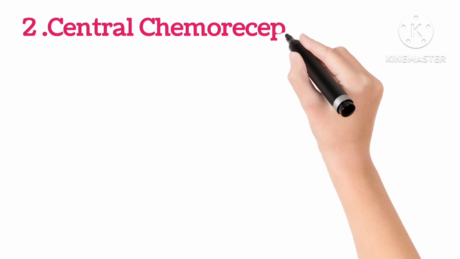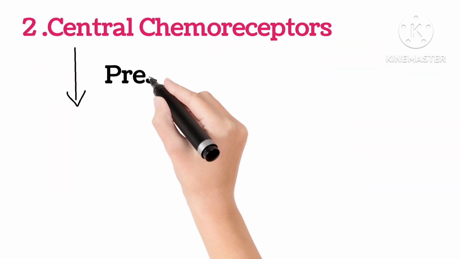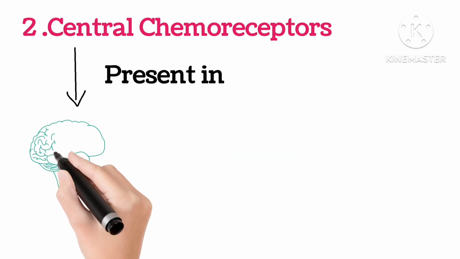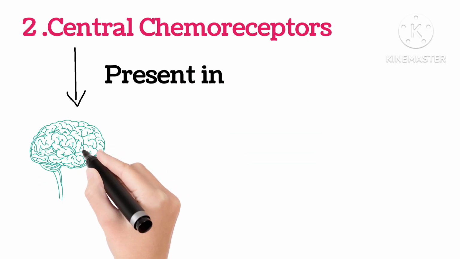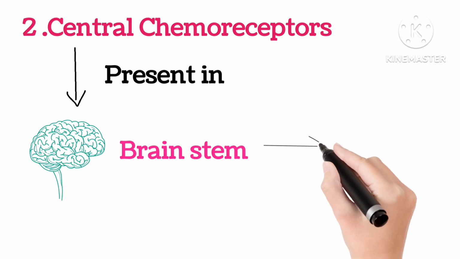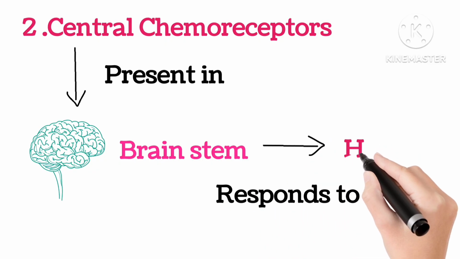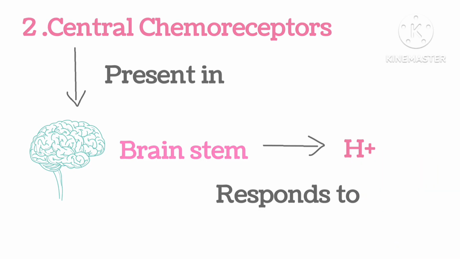The second is the central chemoreceptors. Now, where are the central chemoreceptors present? They are present in the brainstem area, and they respond to changes in the hydrogen ion concentration.